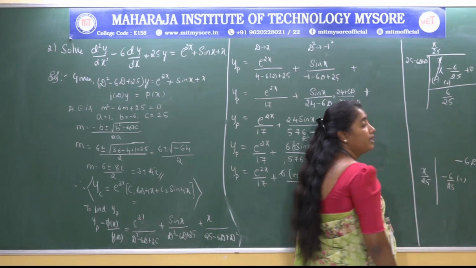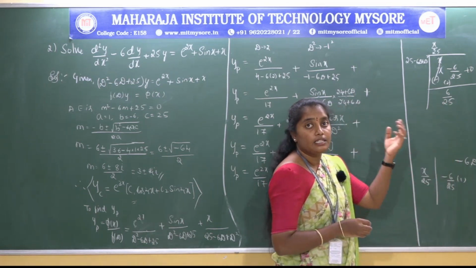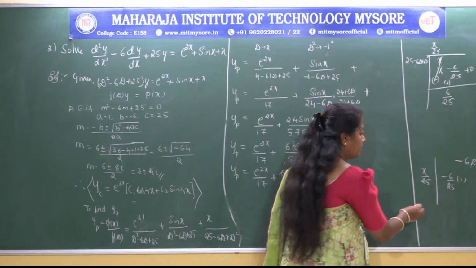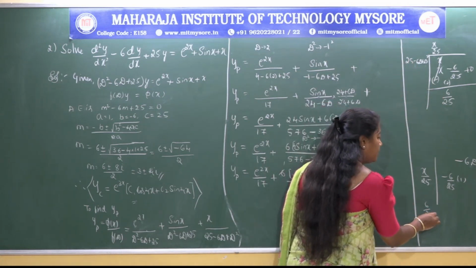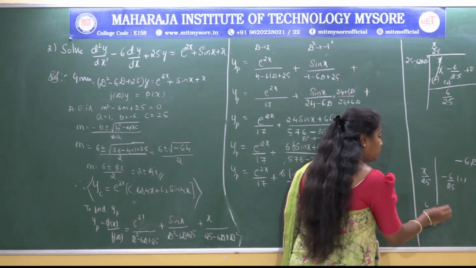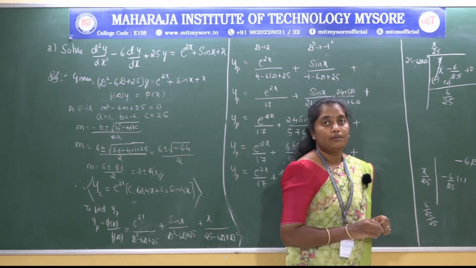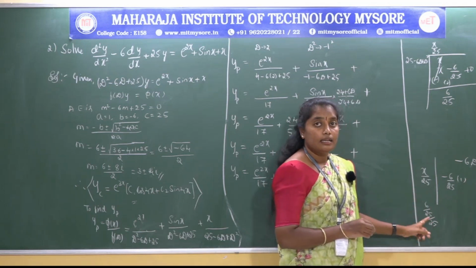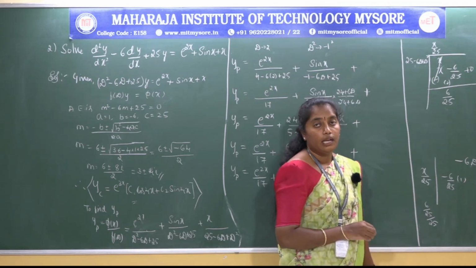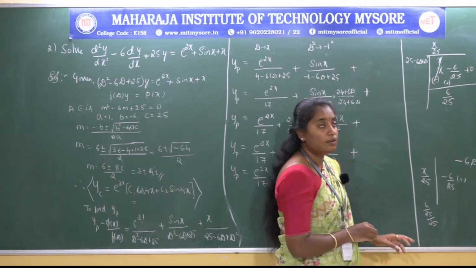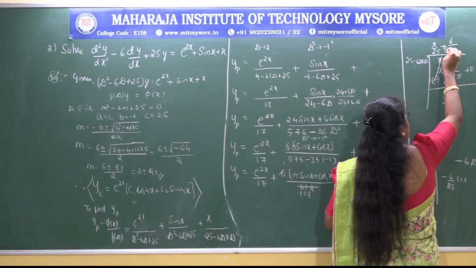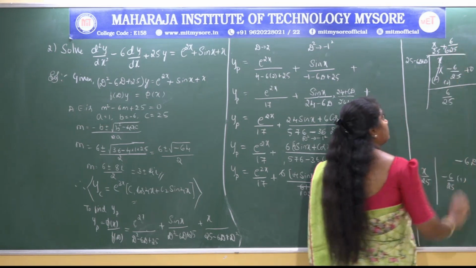Next, to find the next quotient element, divide the obtained element by the divisor, that is 6 by 25 divided by 25, which is equal to 6 by 25 into 25, that is plus 6 divided by 625.